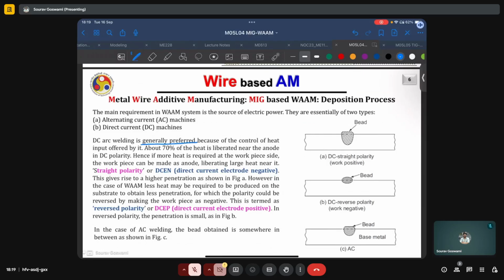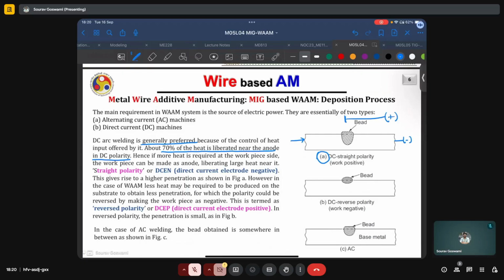About 70% of the heat is liberated near the anode in DC polarity. Thus, if we want to have more heat input into the substrate, such as in this case here, case A, we want a deeper weld or a deeper deposition, a higher dilution. In this case, we will make the substrate into the anode and the consumable wire can be made as the cathode.